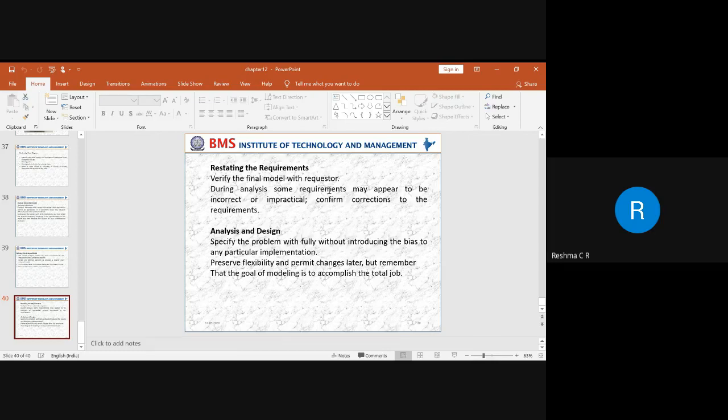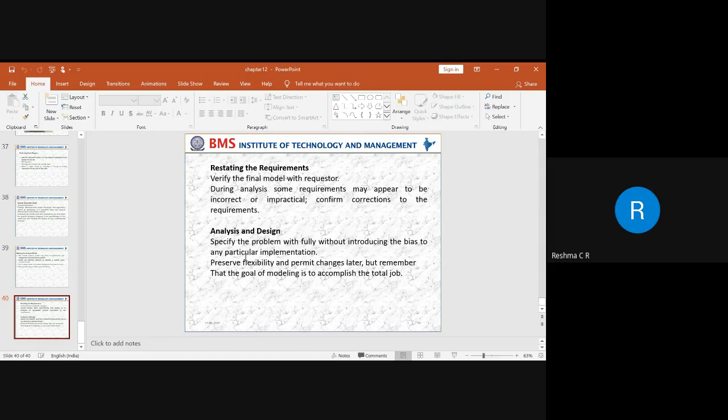That is how restating the requirements can be done with respect to the business requirement, not with respect to the computer experts. We are not dealing with any computer experts. If you are working on a particular domain, we need to communicate with that domain expert or business expert who is going to help us out on how the requirements can be collected in a proper way.